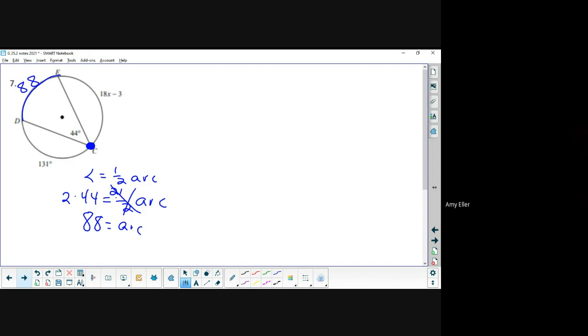Look at your whole circle. 360 is made up of 130 or 131 and 88 and 18x minus 3. I can add all three outside arcs to 360.